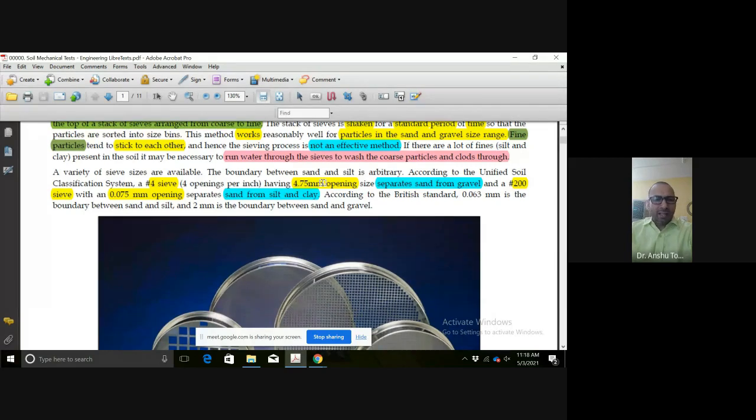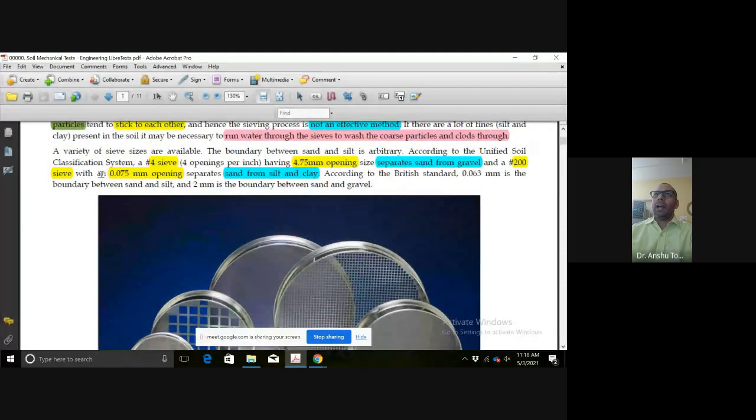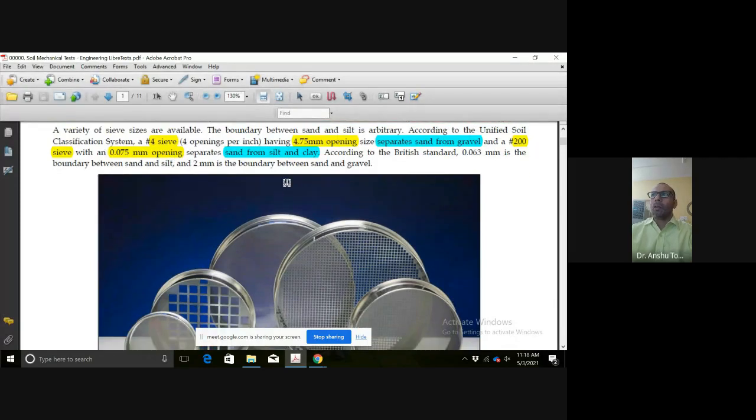But more or less, the size of the opening of the sieve remains the same. The coarsest one is 4.75 mm, and the finest one is 0.075 mm. So it is sand to silt. That means if you are using clay, some part of it will pass and some part will be retained on 0.075.